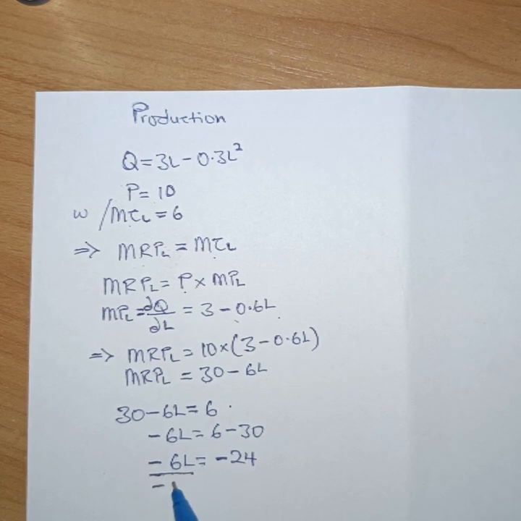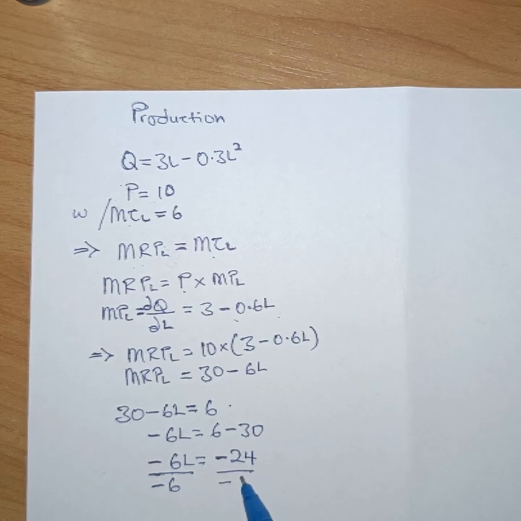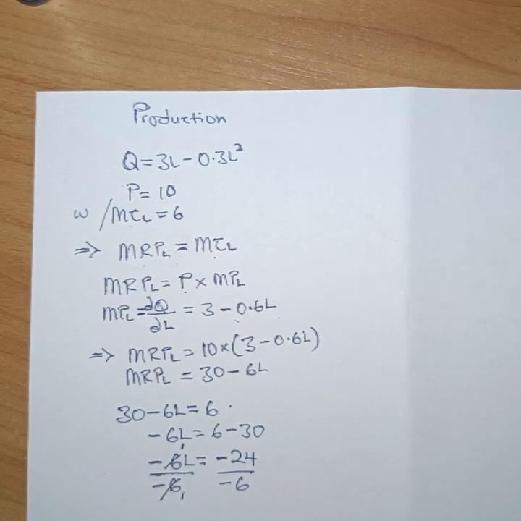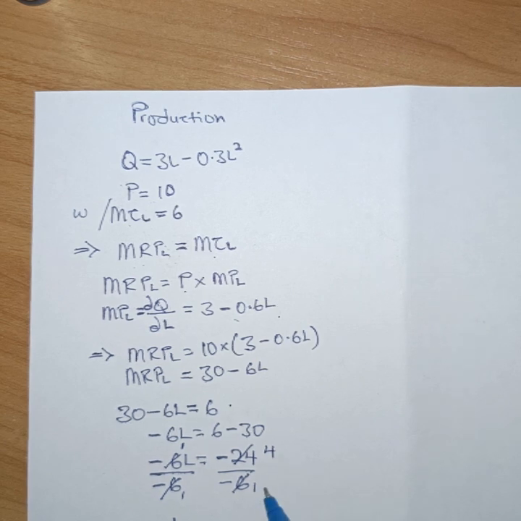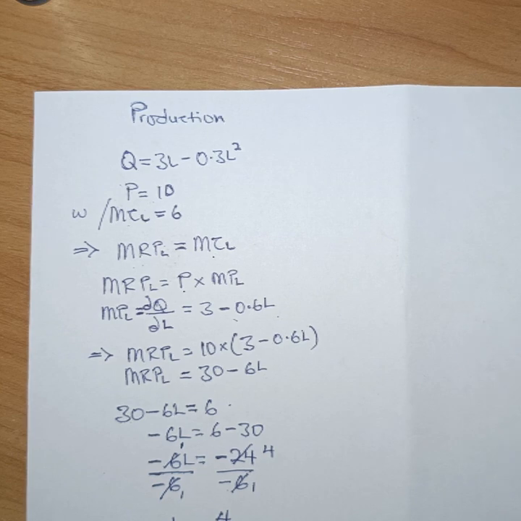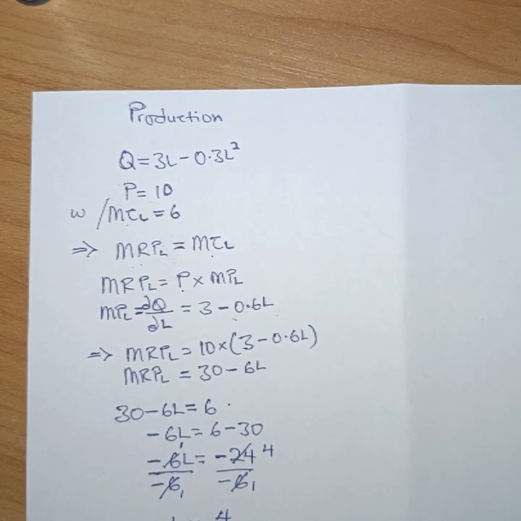So negative 6 cancels itself, leaving L standing alone. Negative 6 cancels negative 24 four times, so that is 4 over 1. Any number over 1 is the same number, so L equals 4.